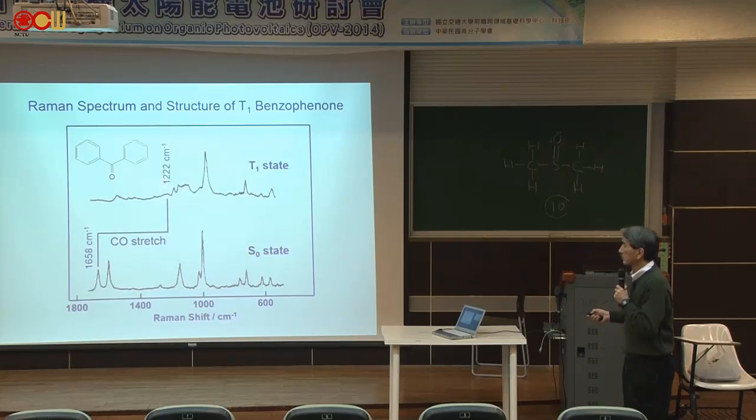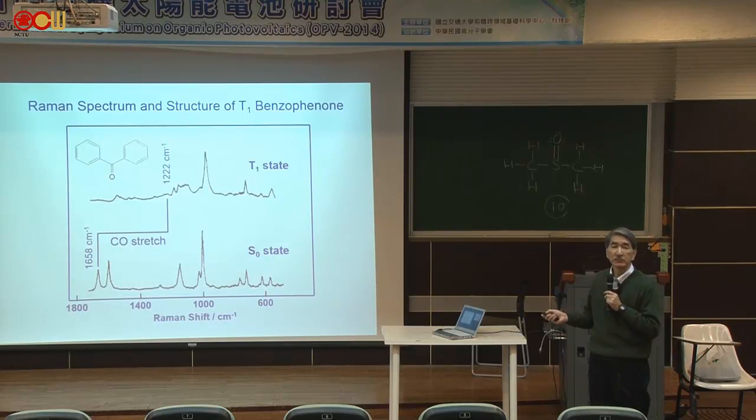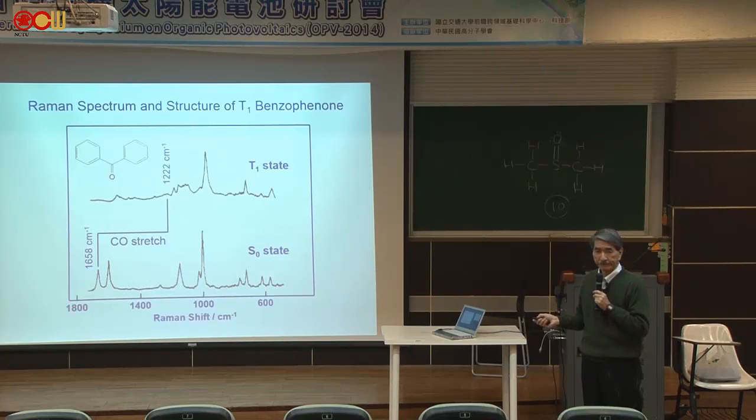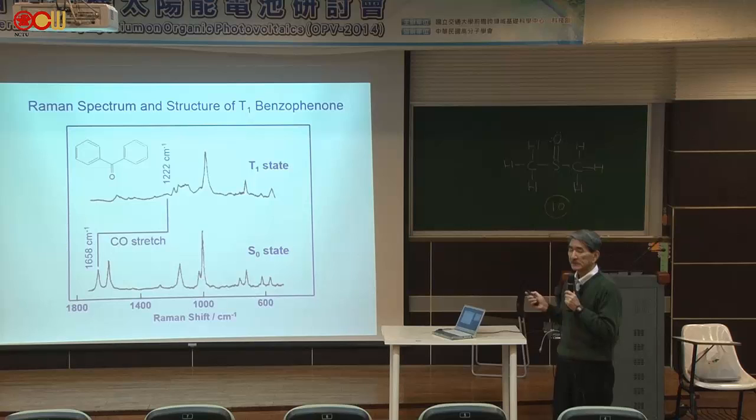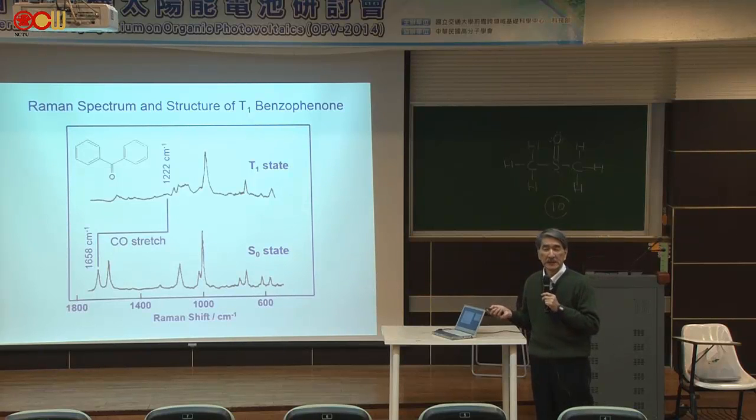So we concluded that in the triplet state, the CO stretch vibration has a frequency of 1222 wave number. So it is much, much lower than the double bond frequency. And as I said, the CC single bond is around 1000 wave number.